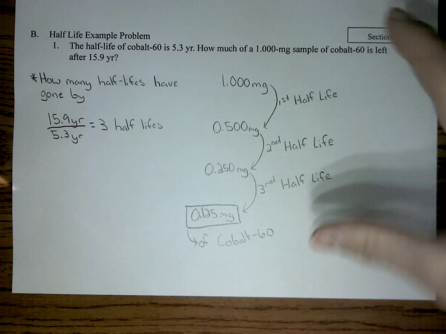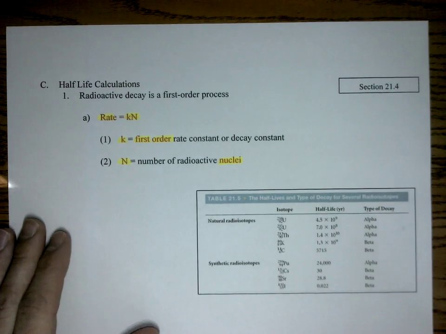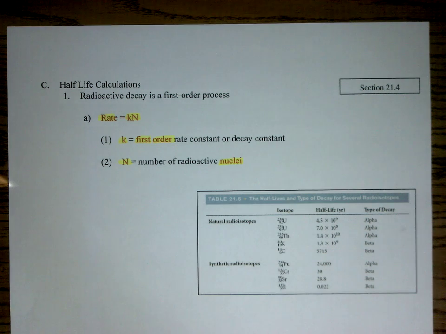So what we do, we abide by that first order kinetics business, and we get into some kinetics. So as a reminder here with our kinetics, first order, you have the rate equal to k, which is your rate constant, times your N. And your N is your number of nuclei.